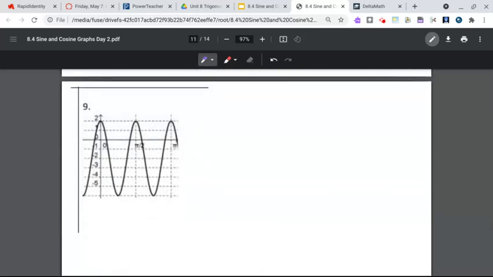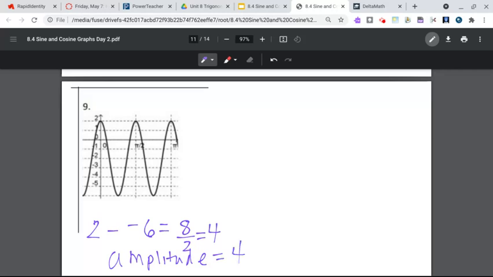Okay, next example. It reaches as high as 2 and as low as negative 6. So remember to find that amplitude. 2 minus negative 6 is 8 divided by 2 equals 4. So our amplitude is 4. So to find your midline equation, you either go 4 down from the maximum or 4 up from the minimum.